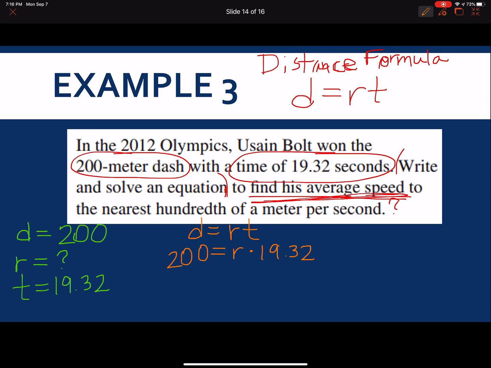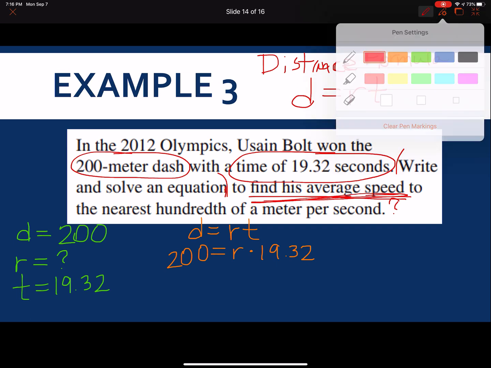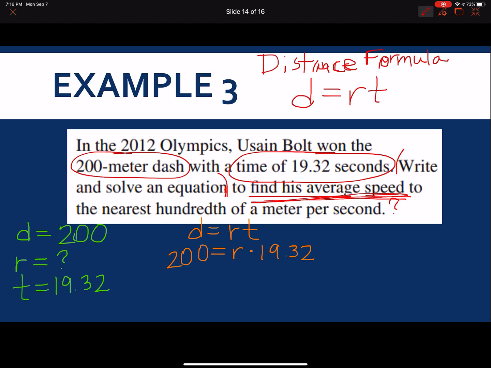Now, when we go about solving this, there's multiplication going on with our variable. So we're simply going to undo the multiplication by division. Whatever I do to one side, I must do to the other side. So I'm going to plug into my calculator 200 divided by 19.32.